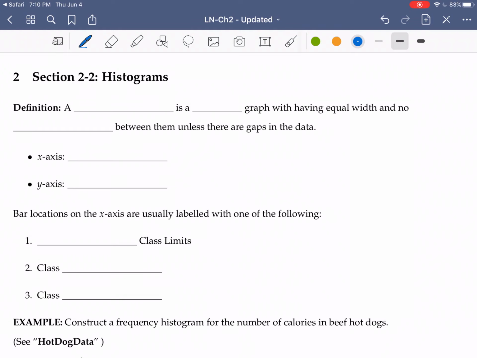One important way to represent data is through pictures, through graphs, and one type of graph that we have is something called a histogram. A histogram is essentially a bar graph having an equal width and no spaces between the bars unless there are actual gaps in the data, right?